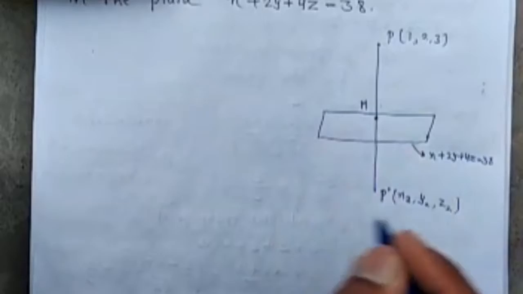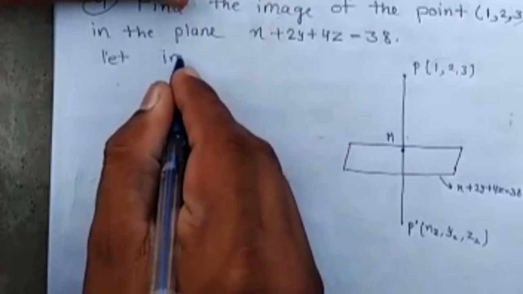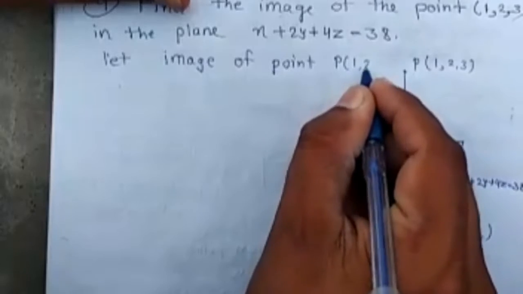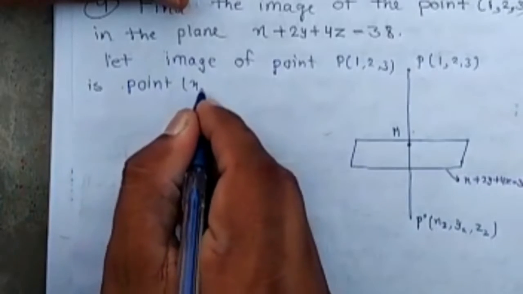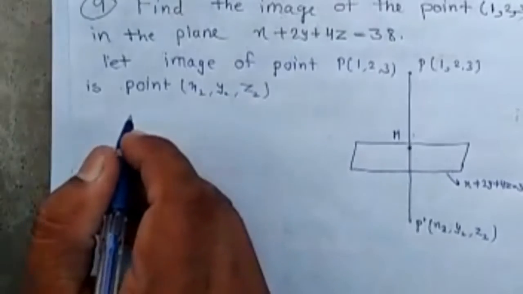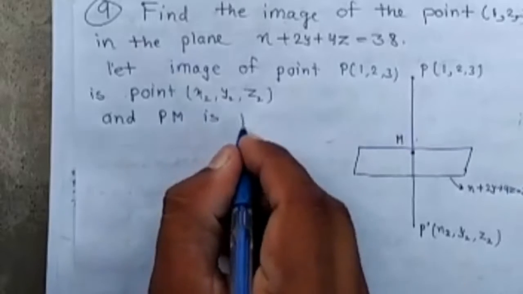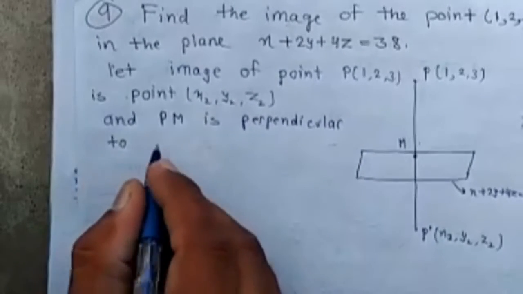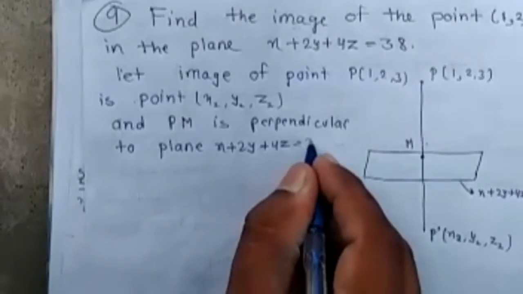Let its coordinate be M. Let the image of point P be the point x2, y2, z2, and PM is perpendicular to the plane. Equation of plane: x + 2y + 4z = 38.